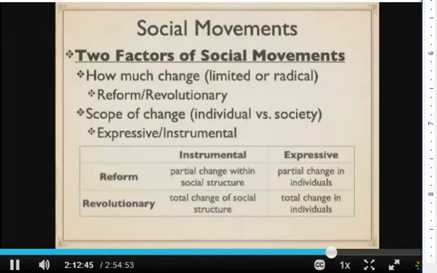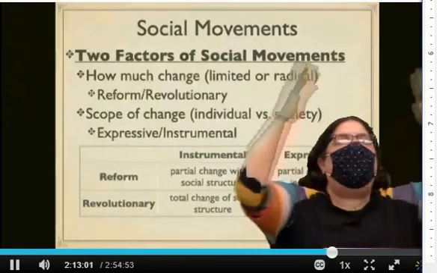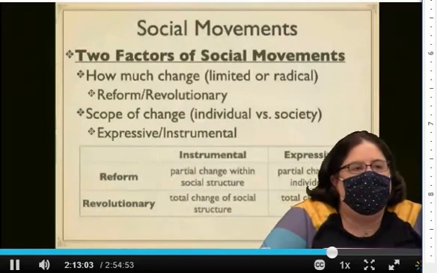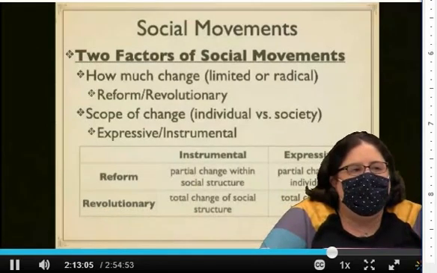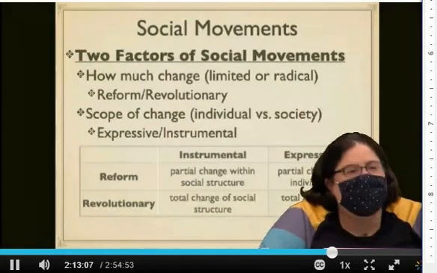So what do you think about the Unistoten pipeline blockade? Are they reform or revolutionary, do you think? Are they trying to create change in one area of society or total change of a society? Only that area, I think so.